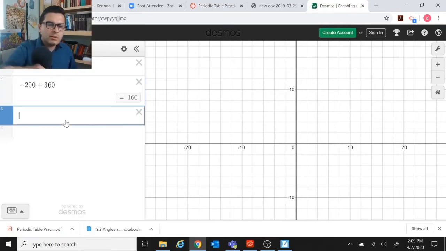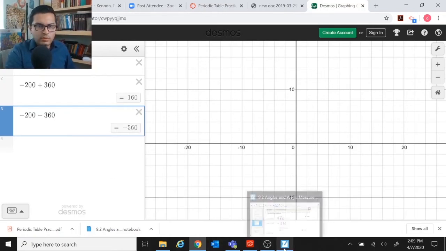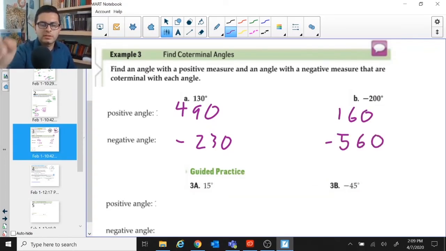Now we're going to do the same thing in the opposite direction, which is negative 200 minus 360 degrees, and we get negative 560. So we'll write those down on our worksheet. 160 is the first one. Negative 560 is the other one. And we have our two coterminal angles. We have a positive one, and we also have a negative one.